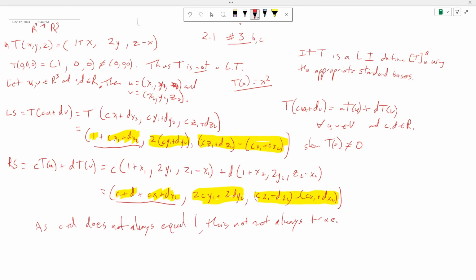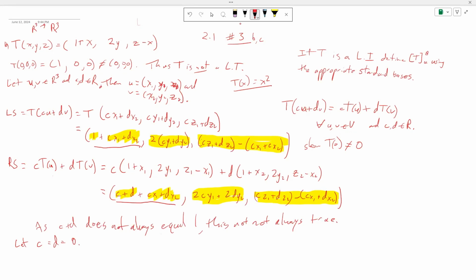A clearer way to say it is to let c equal d equal 0.